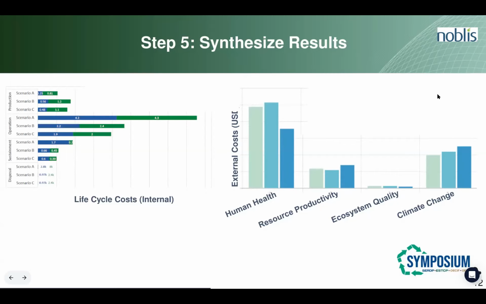On the right, we have an example of the external costs, and this is demonstrating that Andrew was talking about considering these, but not necessarily adding them together. So this is an example of how you can do that, quantify internal costs, external costs, and demonstrate them. Again, these are notional examples, and that's why they don't have the axes or values on the axes, we'll say.